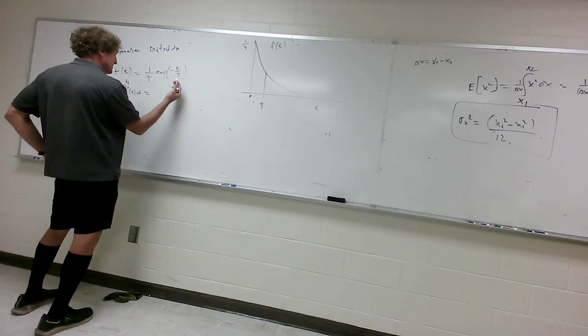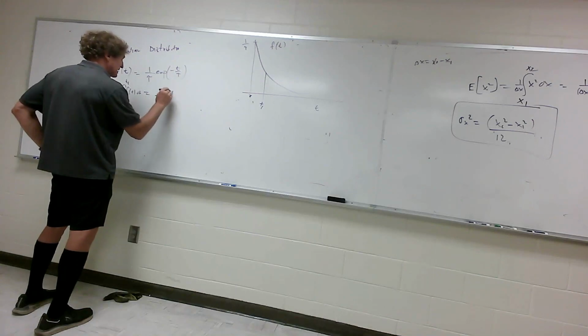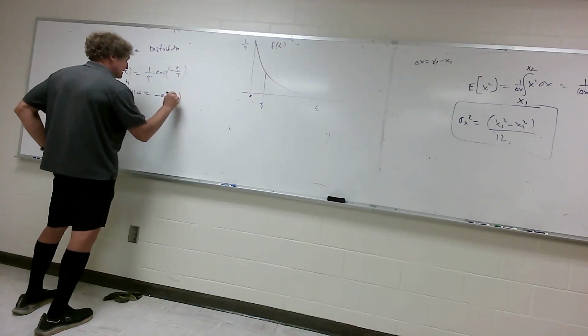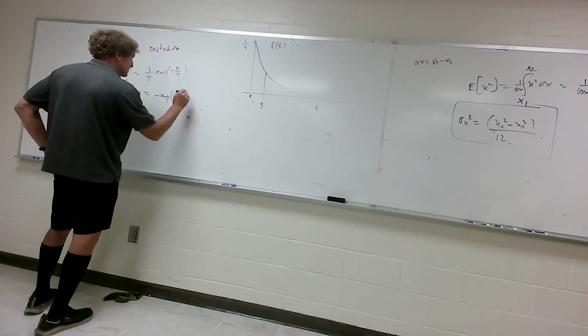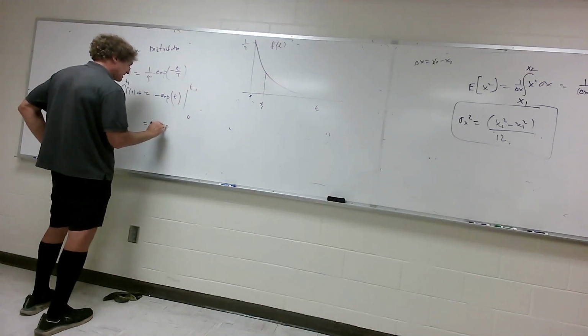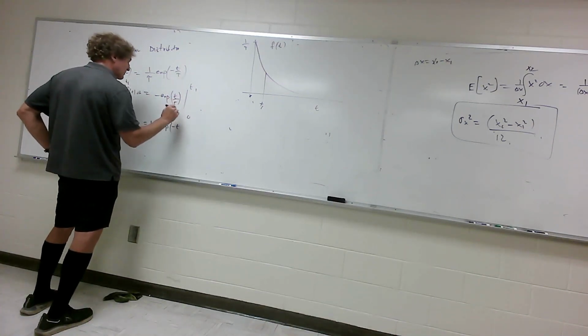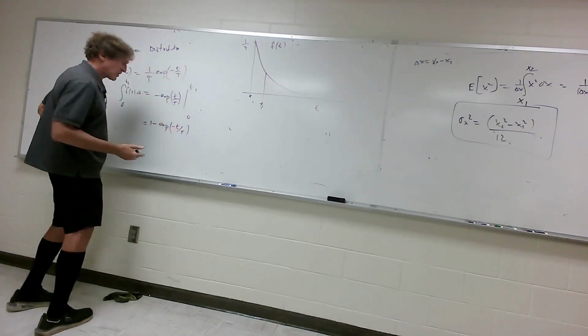The integration of this is minus exp of minus t over tau from 0 to t1, and that's 1 minus exp of minus t1 over tau. Can you all follow me?